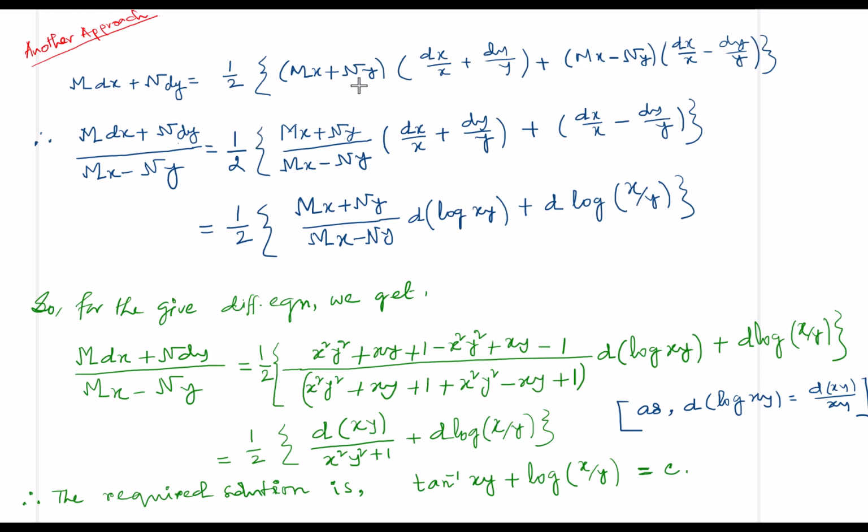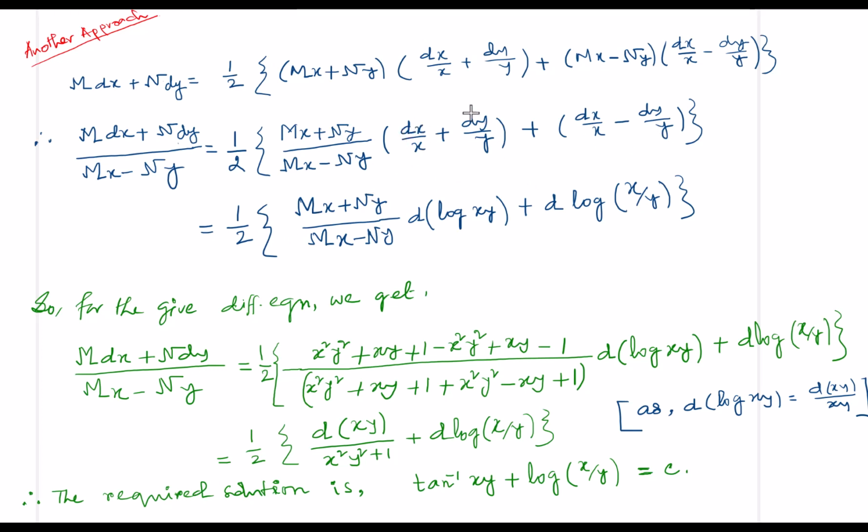If you simplify this expression, you will get m dx plus n dy. Now if I divide it by mx minus ny, we get 1 by 2 into mx plus ny by mx minus ny into this, and plus here mx minus ny is there, so we get only this portion.